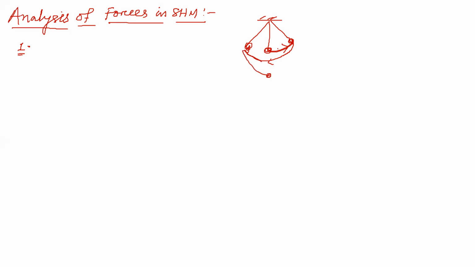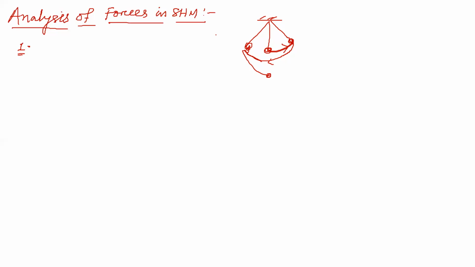This is one cycle. Already we have discussed these things. So actually, students, the point that should be taken care of is to displace the particle from the mean position, that is, the equilibrium position, by a distance x along the line of SHM. That means the force is proportional to displacement. And students, what do we always have to do?